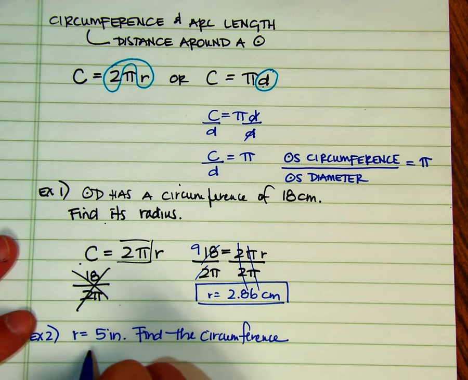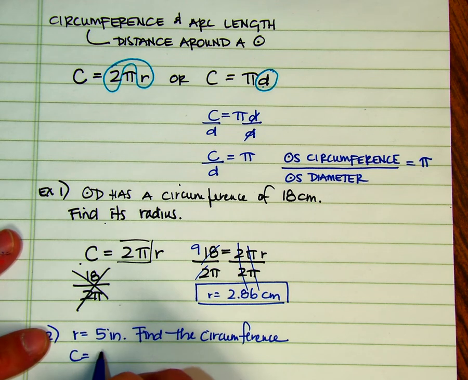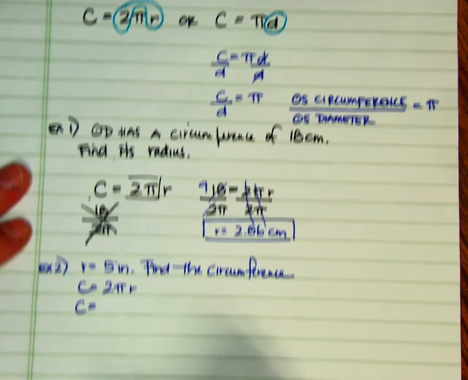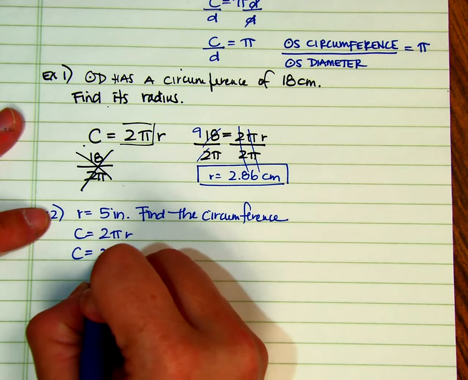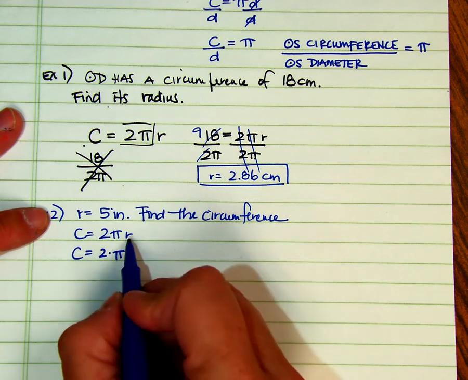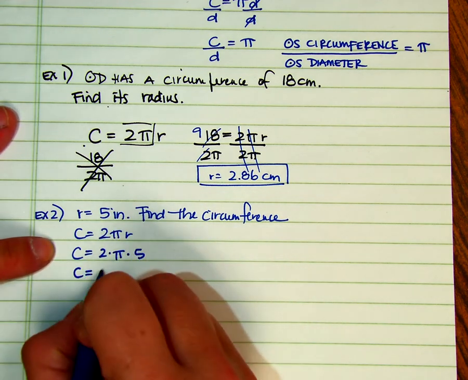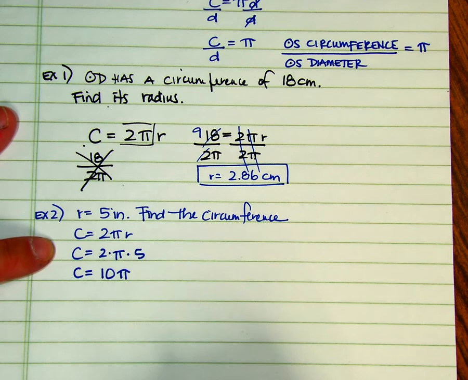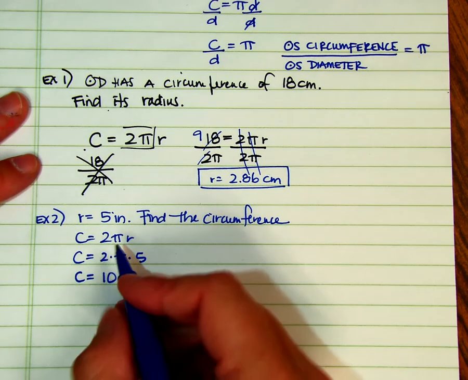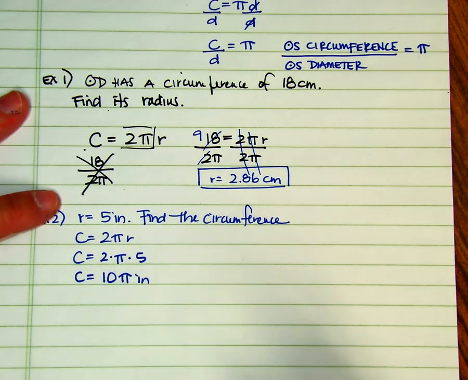So I have the circumference equals 2 pi r. Circumference equals 2 times pi times my radius, which I was given is 5. So the circumference equals 10 pi. I'm going to stop there for a minute. So it'd be 10 pi inches.